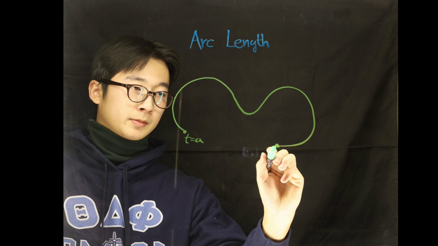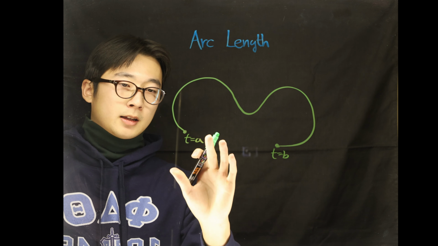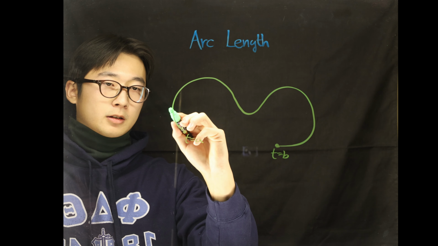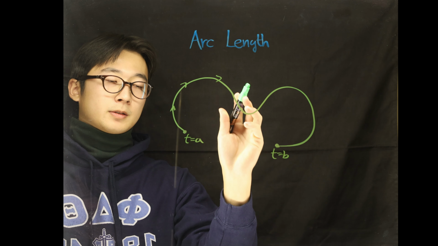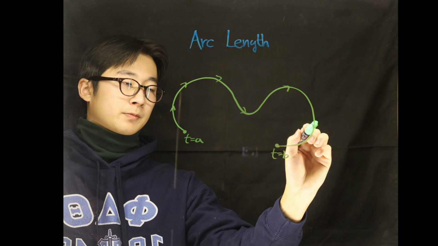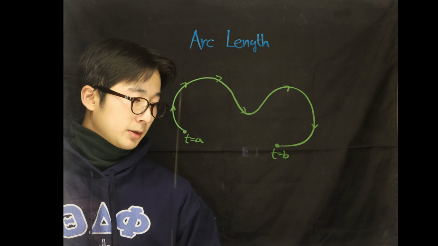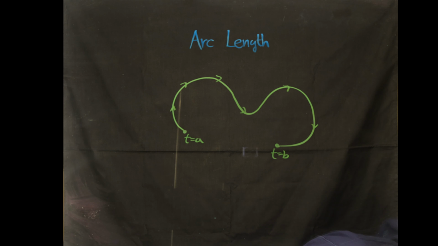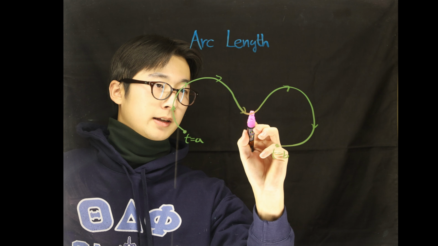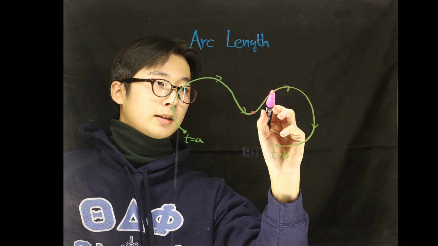T equals a, t equals b. t is a variable of time. We are going in this direction from a to b. And let me draw 2 points. Let's say here and here.